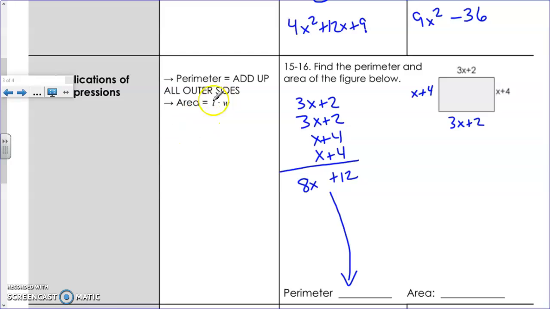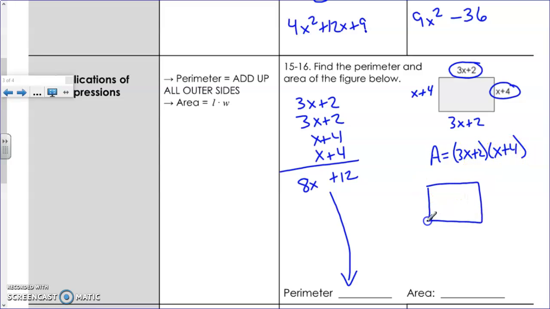Okay, area is length times the width. Length times the width, or width times the length, either way there, okay? So again, I'm going to have area equals 3x plus 2 times x plus 4. Binomial times a binomial, we'll use our box.